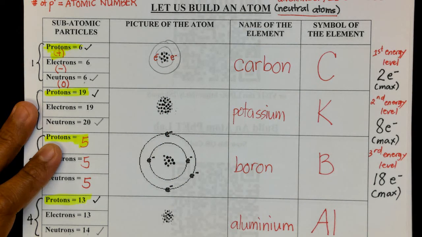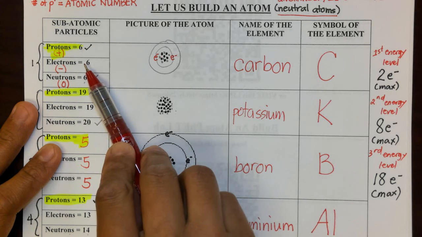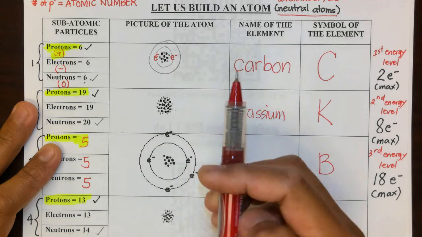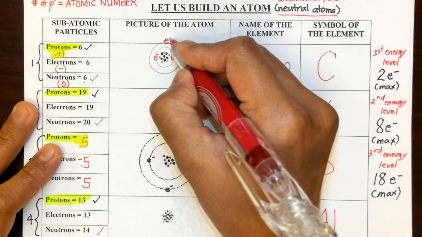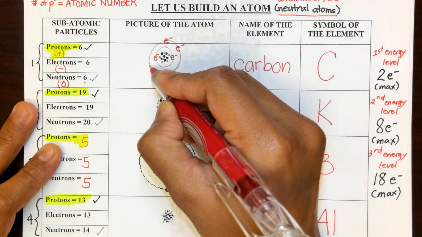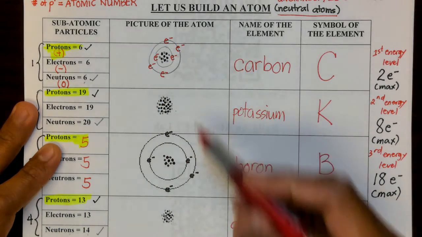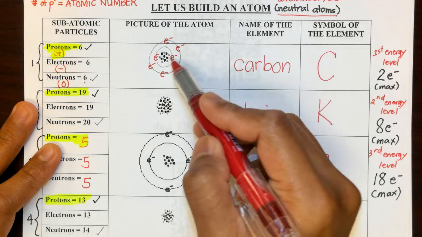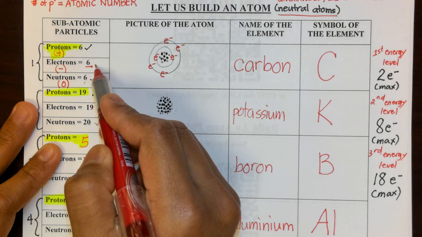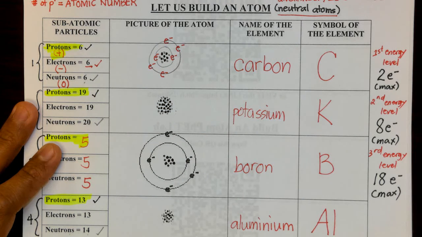And how many more do I need to add to get a 6? I already have 2. So that means I will add how many? 4 more electrons. So 4 plus 2, I have 6 all in all. So I have drawn the 6 electrons of carbon properly.